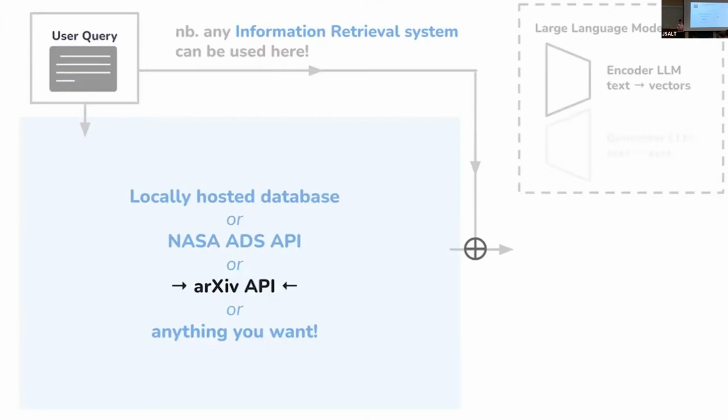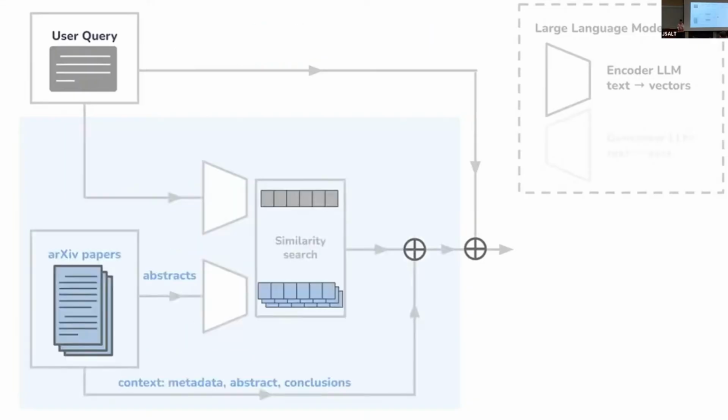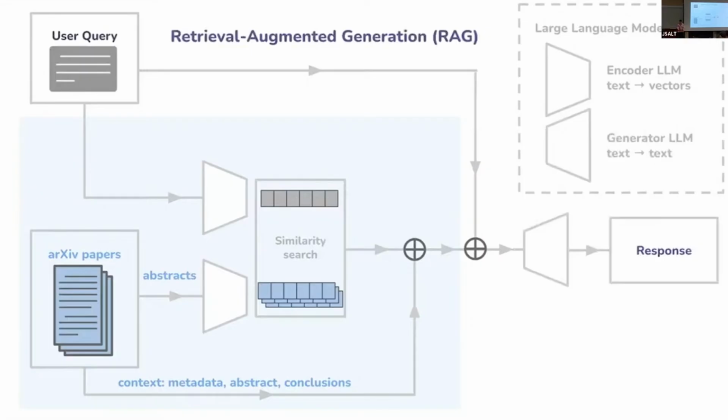And so you can change everything within this blue box and still perform your retrieval augmented generation. So I look forward to seeing the kinds of solutions you all come up with. But of course, this is just one way to do it, where you have a locally hosted document database. You can cram that all into a generator and then construct your final responses.